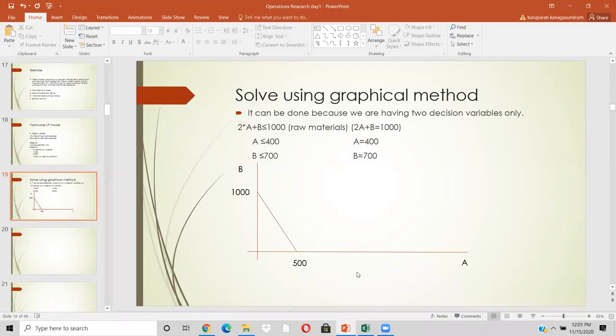Now, is the feasible region on this side of the line or that side of the line? How to find that? Left hand side of the line or right hand side of the line?